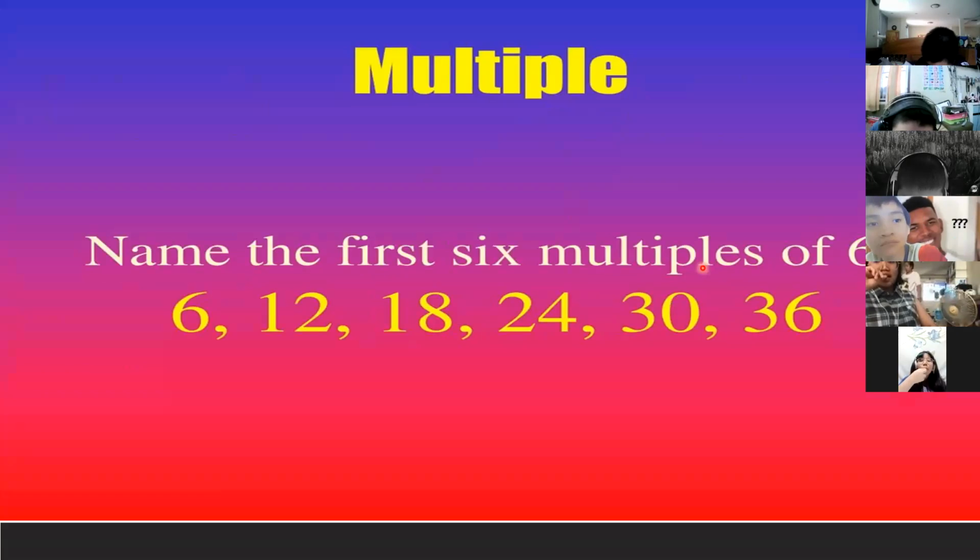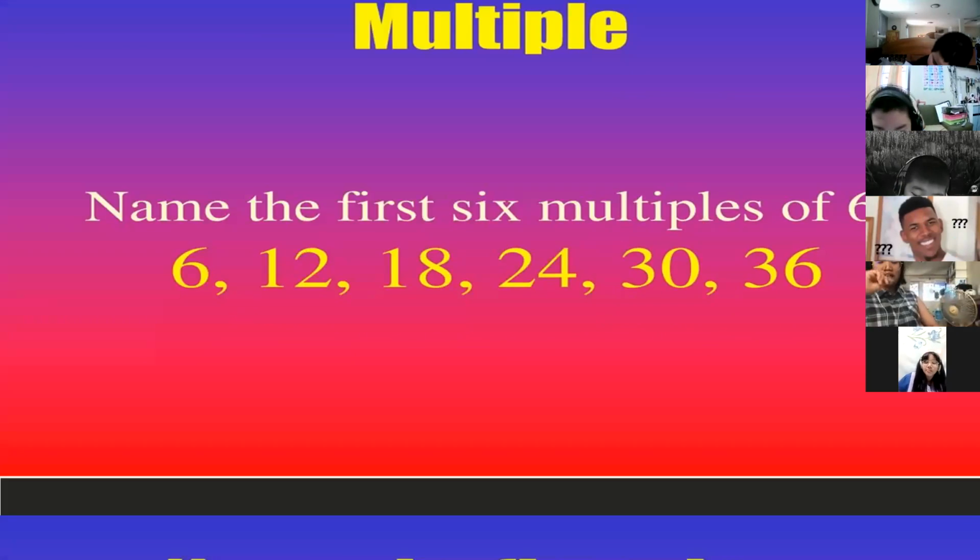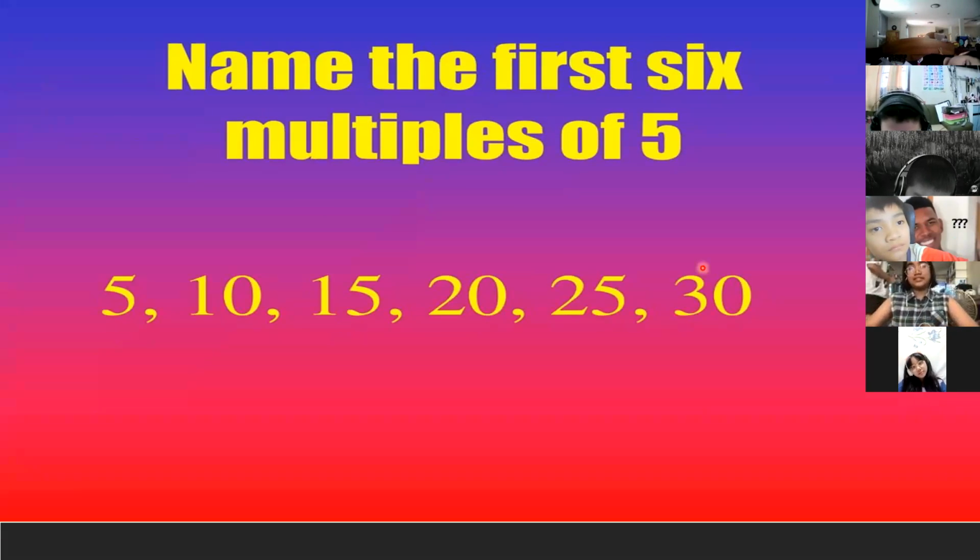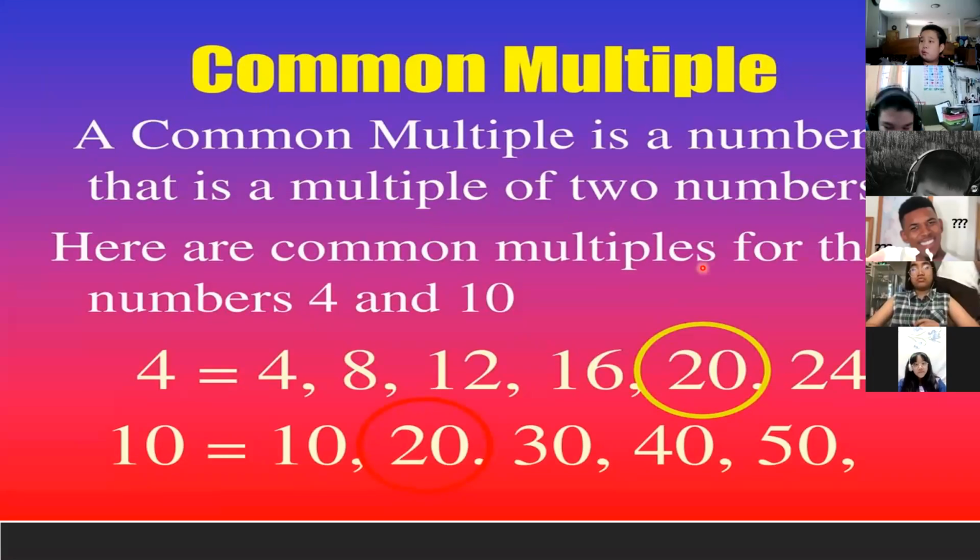Name the first 6 multiples of 5: 5, 10, 15, 20, 25, 30. A common multiple is a number that's a multiple of 2 numbers, and here are common multiples for the numbers 4 and 10.